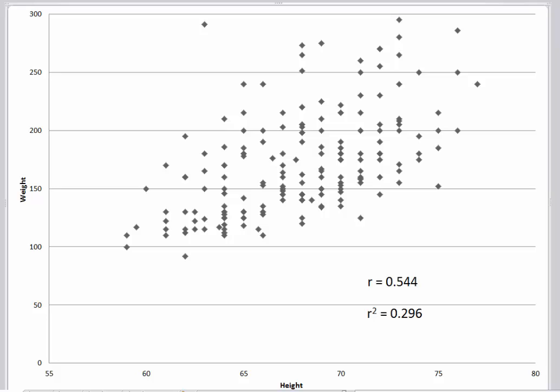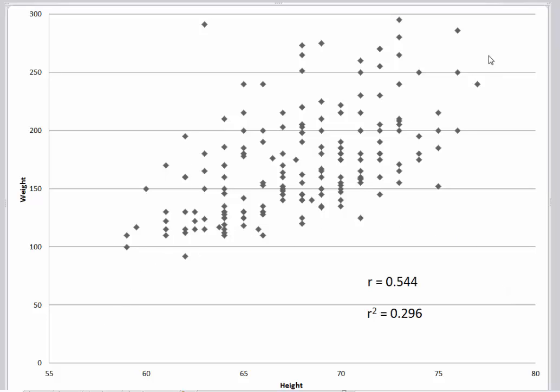Now we can plot this data, height versus weight, and look at the relationship between them. We might say, I think the taller someone is, the more they weigh, and the shorter they are, the less they weigh. So I plotted this data, and generally we can see that as people get taller, weights go up.